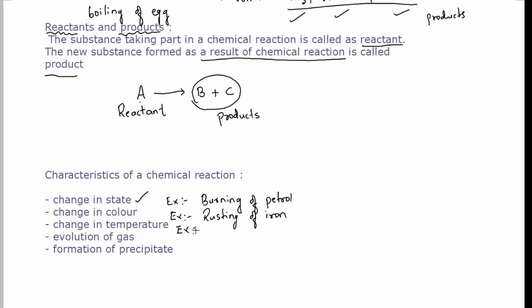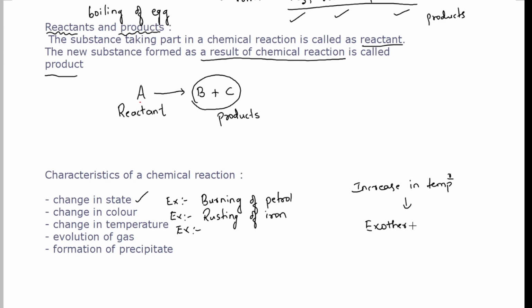Next, we can also observe the change in temperature. Either there may be an increase in temperature or a decrease in temperature. Whenever there is an increase in temperature, we call such a reaction an exothermic reaction.